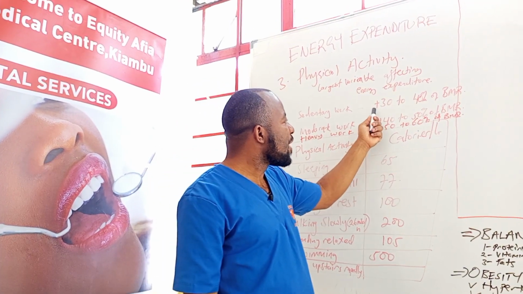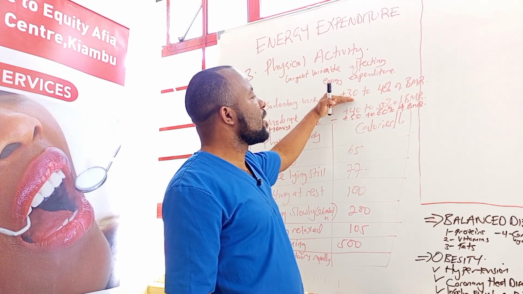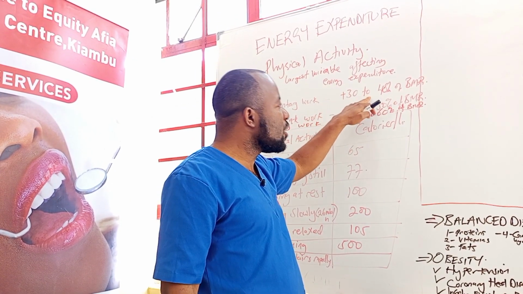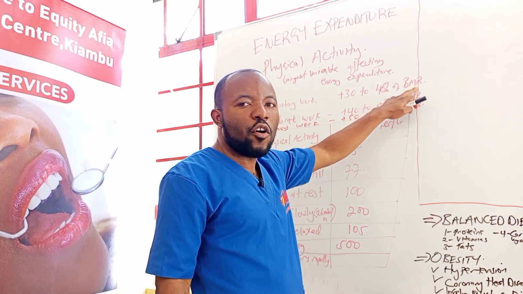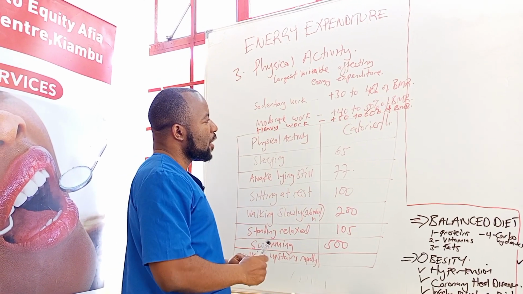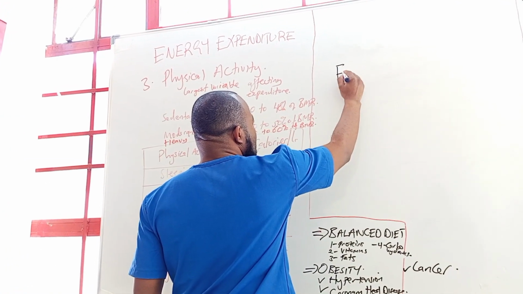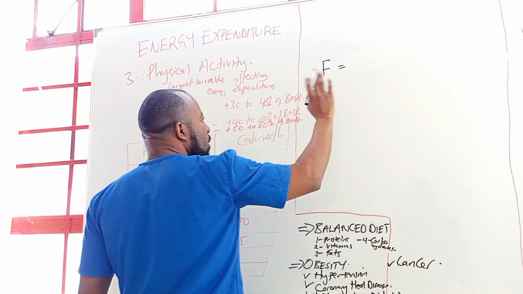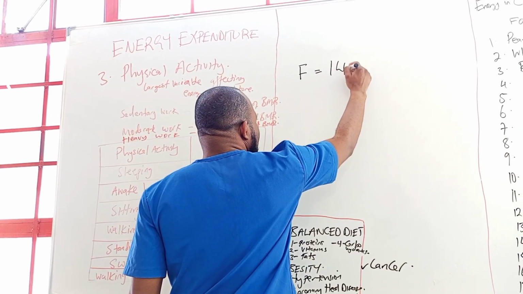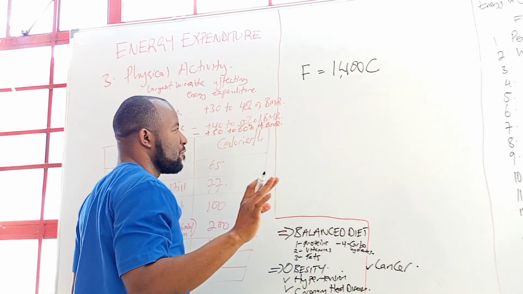It is going to be 30 plus 40% of basal metabolic rate. That means, for example, we are saying that the basal metabolic rate for healthy females in a day needs 1,400 calories to stay alive.